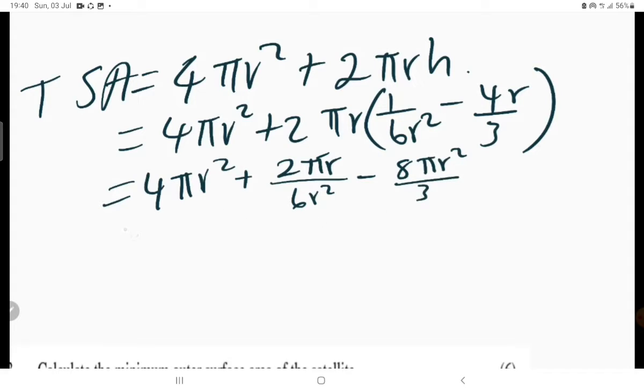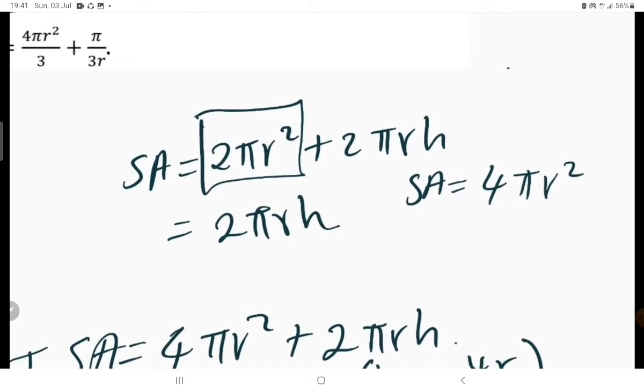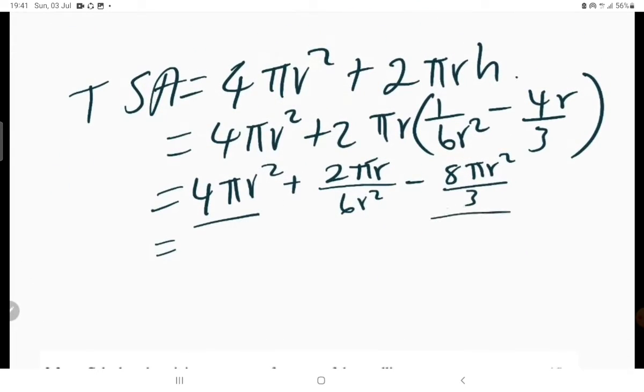Then we can just play around trying to add these two like terms, because they are, of course, like terms. Adding them up, we get 4 pi r squared over 3.